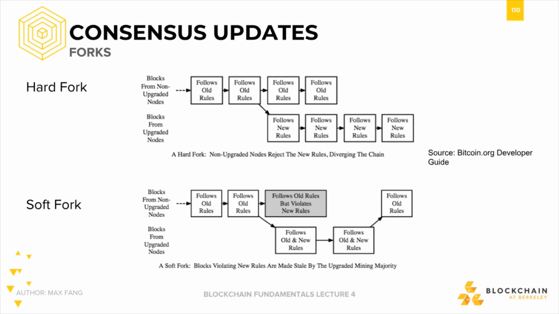If you look at the difference between hard fork and soft fork, on the bottom here you can see that the divergent part follows the old rules, but it violates the new rules, which means that if I wanted to revert back into the original, I wouldn't be able to in a hard fork, but I would in a soft fork. Does that make sense? Because if it doesn't, you can ask your discussion TAs about it.